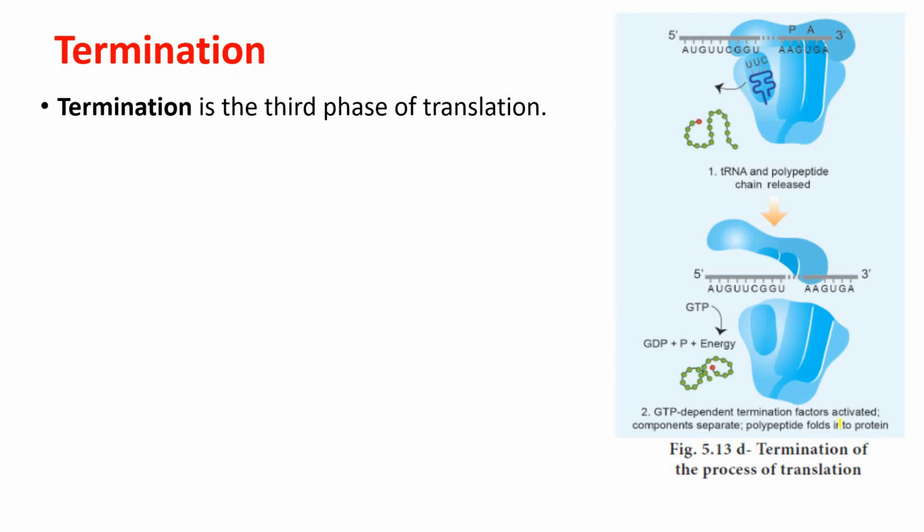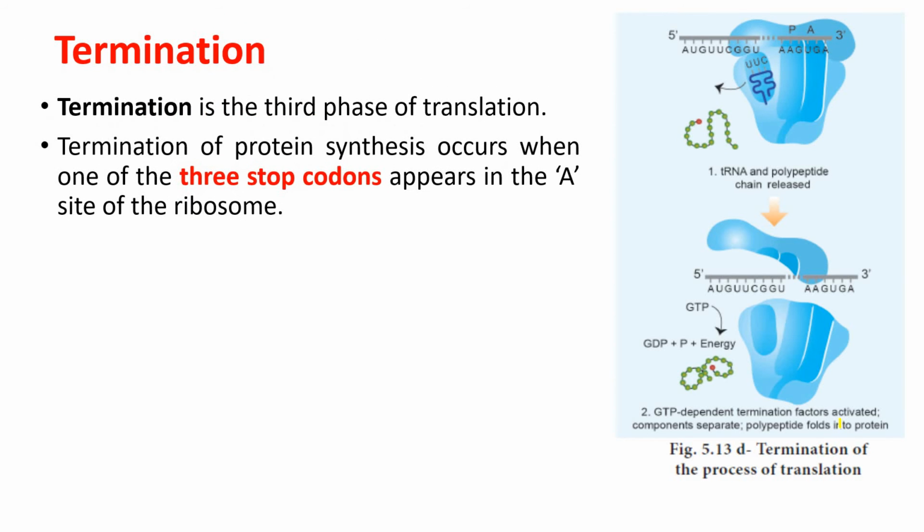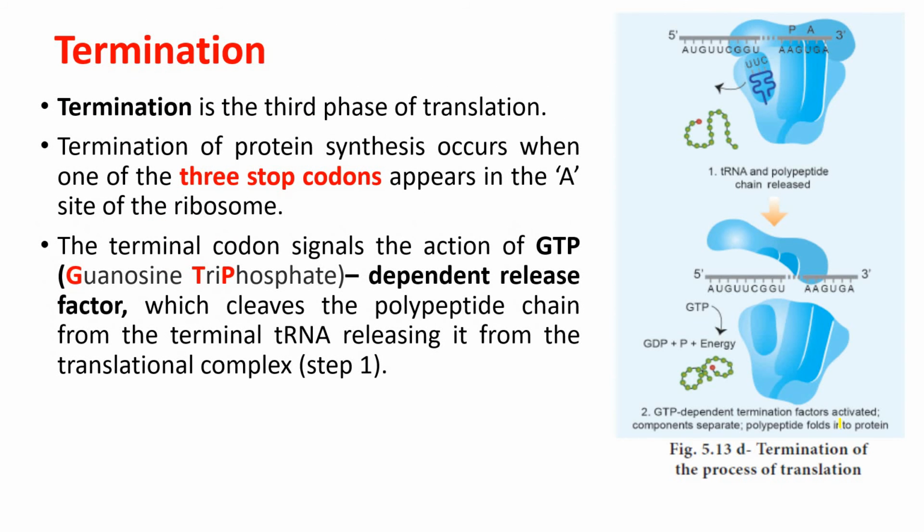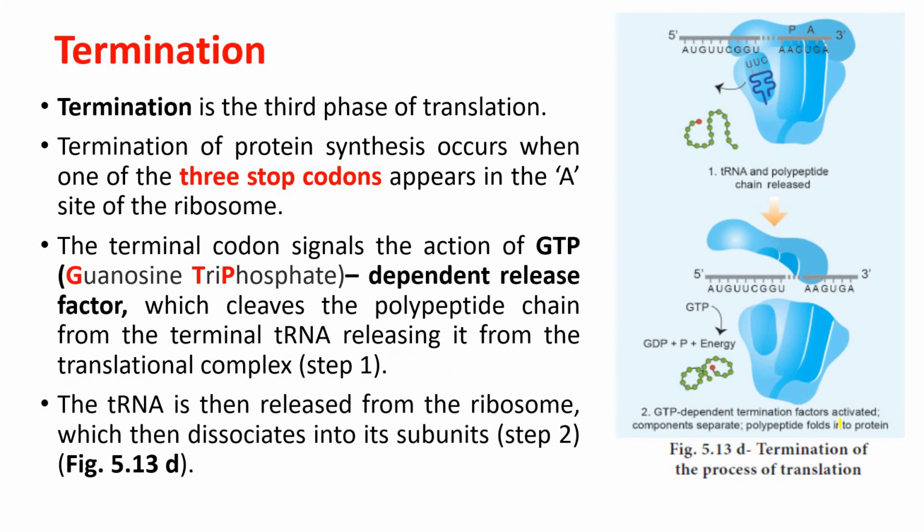Termination. Termination is the third phase of the translation. Termination of protein synthesis occurs when one of the three codons, that is the stop codon, appears in the A site of the ribosome. So you know very well the stop codons. What are the stop codons? So when the stop codons reaches here in the A site, so it stops further translation.